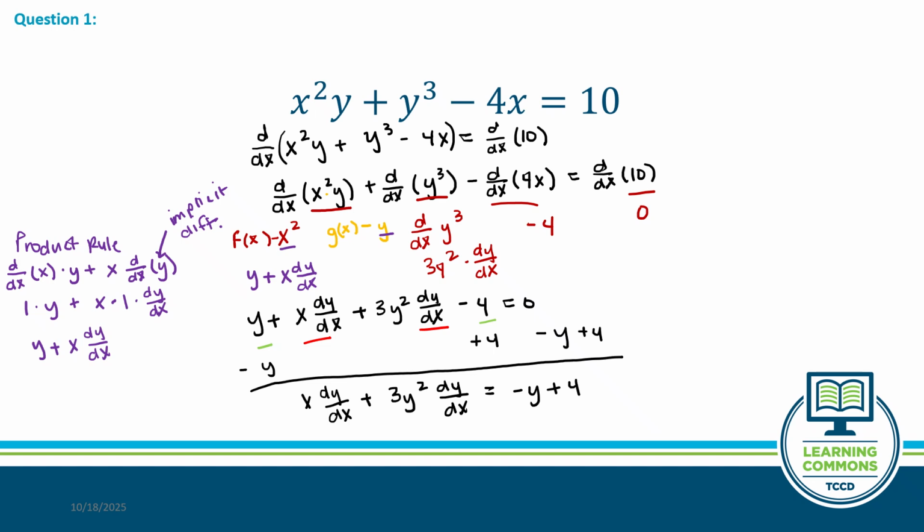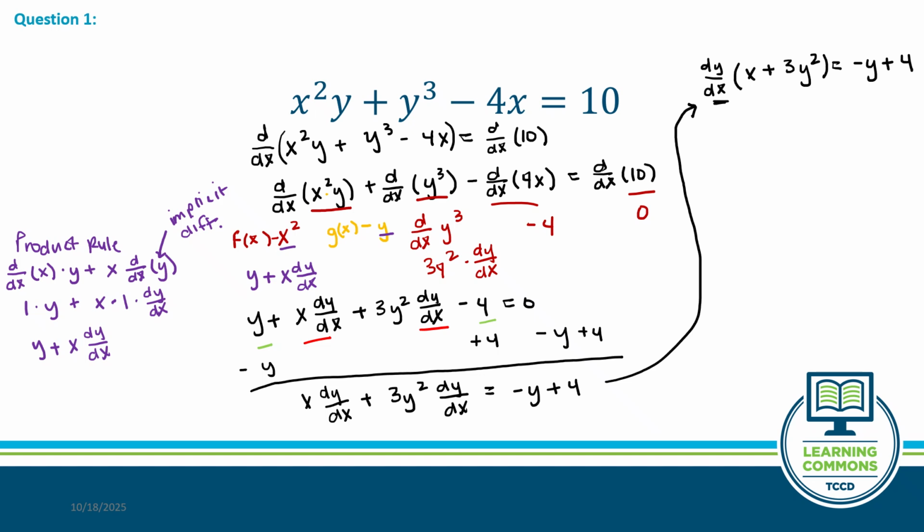Okay, so I'm just going to write a little arrow over here. What I want to do is factor out dy dx and then move everything that's not dy dx over to one side. So here's how I do that. dy dx times x plus 3y squared equals -y plus 4. So all I did was factor out dy dx.